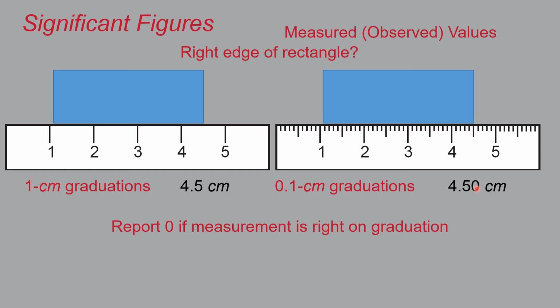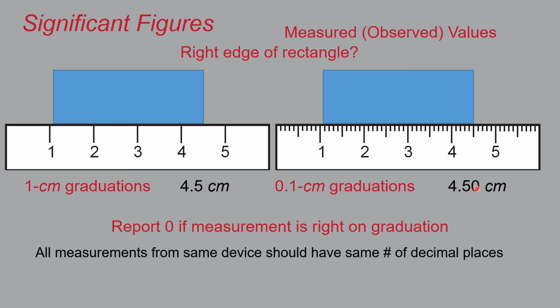So again, if it's right on the graduation, report it. This is a common error. What's a good way to catch it? If you are making repeated measurements from the same device, presumably the same graduations, they should all have the same number of decimal places.